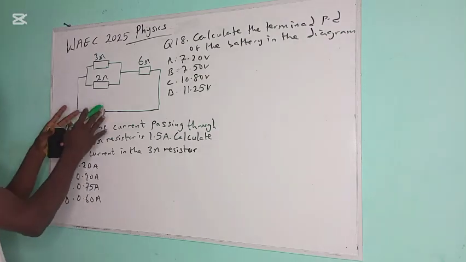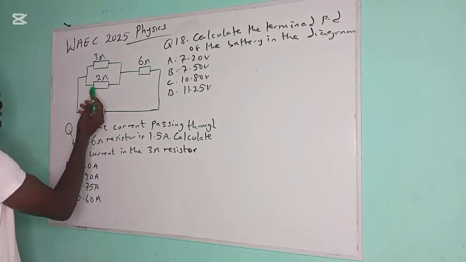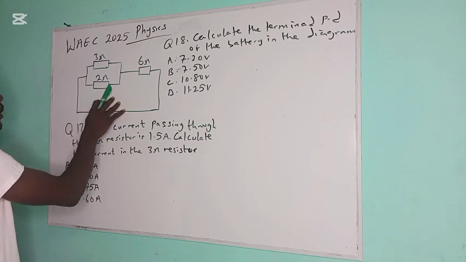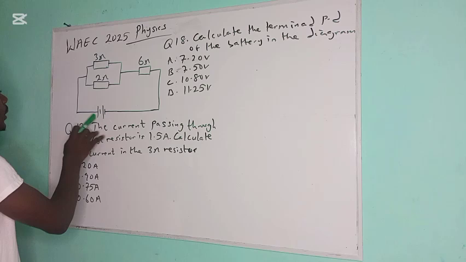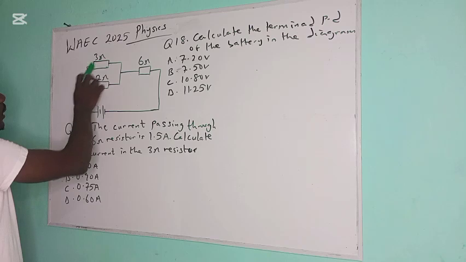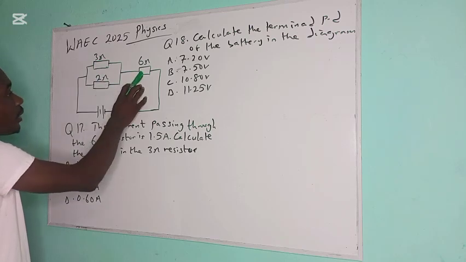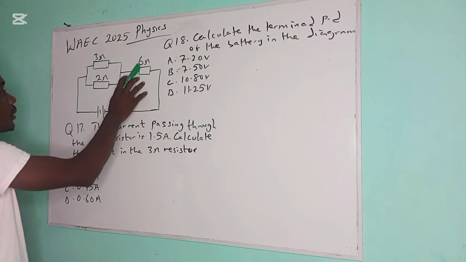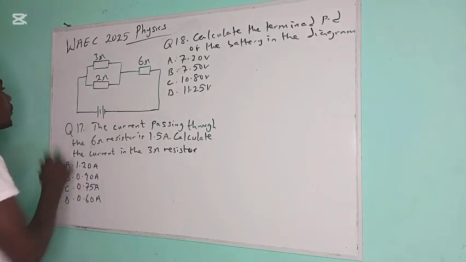If you look at this diagram, you will see the connections. This is the EMF, the cell. This is the resistors connected in parallel, and this is the 6 ohm resistor in series here.